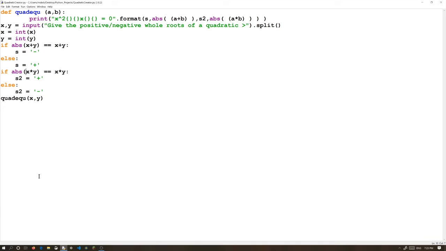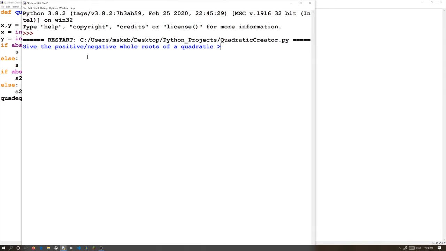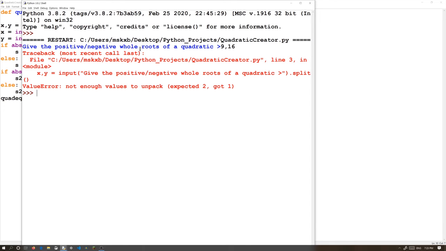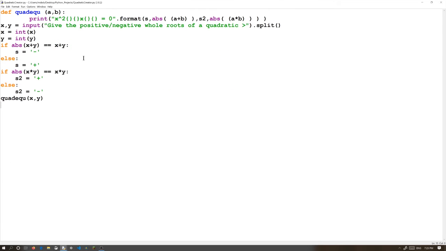So now we can go into some examples. Give the positive, negative whole roots of a quadratic. I have some things written down here. 9, 16. One thing that I want to show you: if you put a comma, it won't work. I wanted to show you that because I didn't actually put a comma like here.